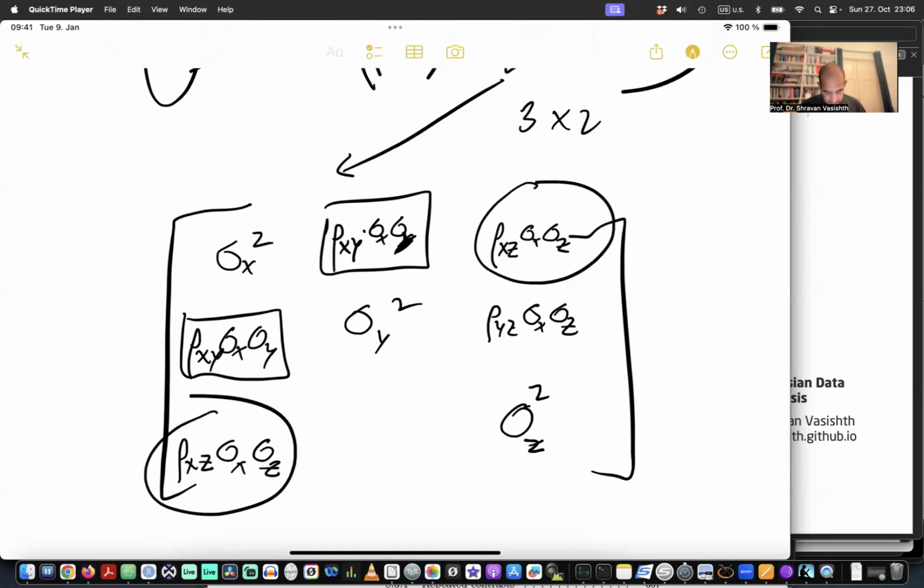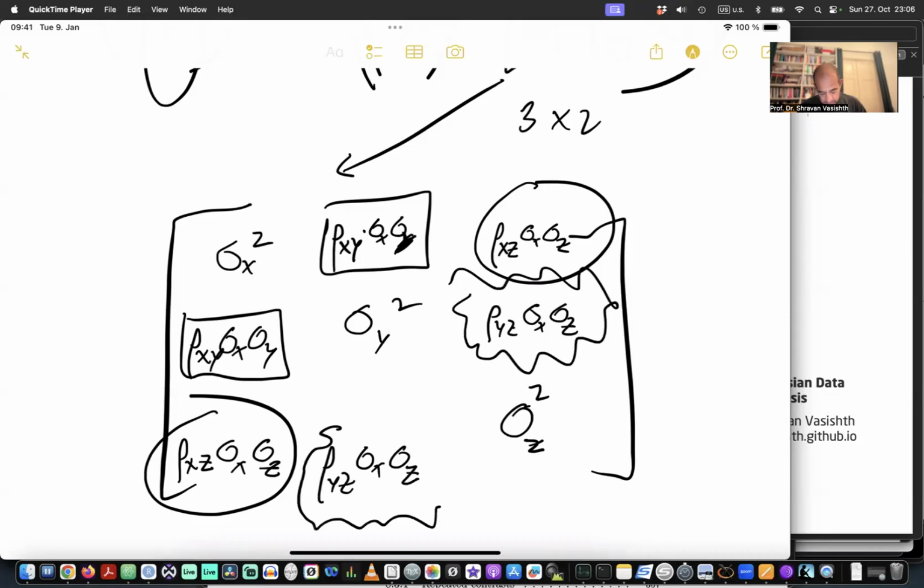Then I've got rho yz, sigma y, sigma z, and this one and this one will be identical. So that's my variance covariance matrix in a multivariate setting where I have 3 random variables.